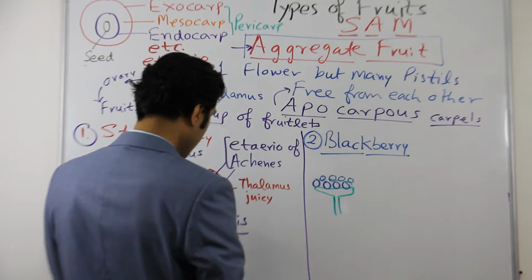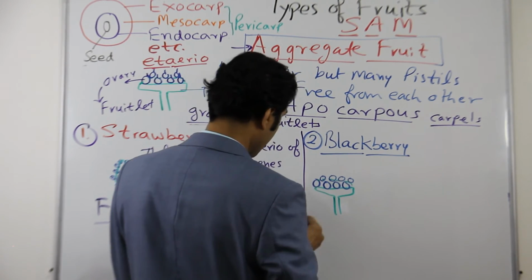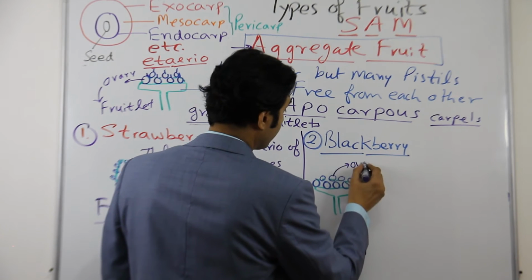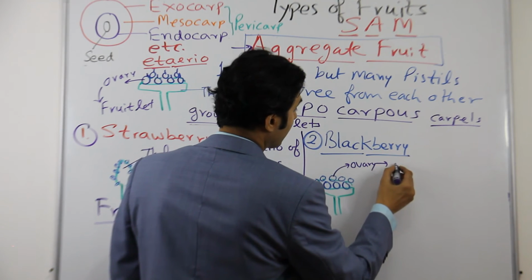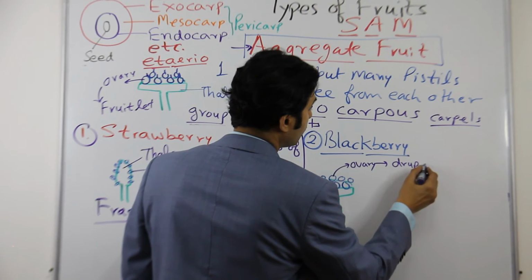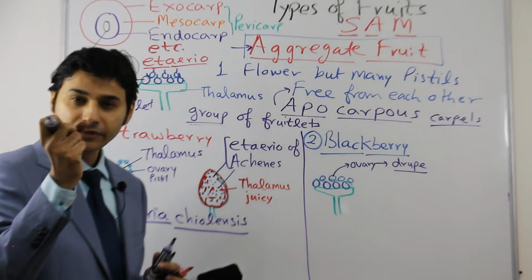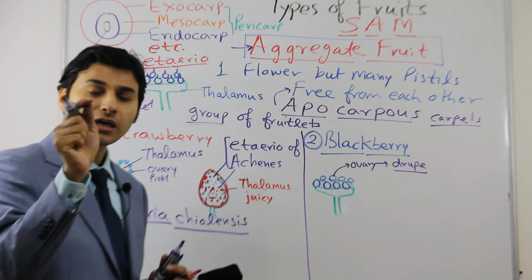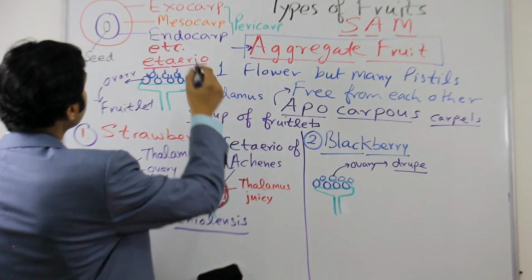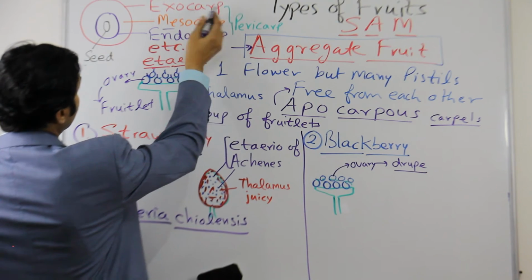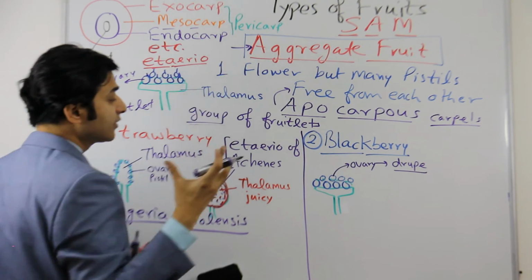Each ovary, this one what you see here, is an ovary. Each ovary after fertilization will change into a drupe. A drupe is a type of fruit where the endocarp is hard and stony, and inside the endocarp there is a seed. The pericarp: the exocarp is soft and the mesocarp is fleshy, that is a drupe.